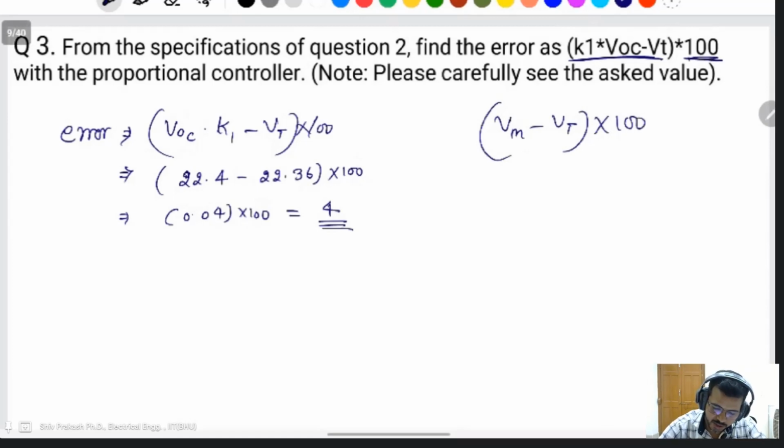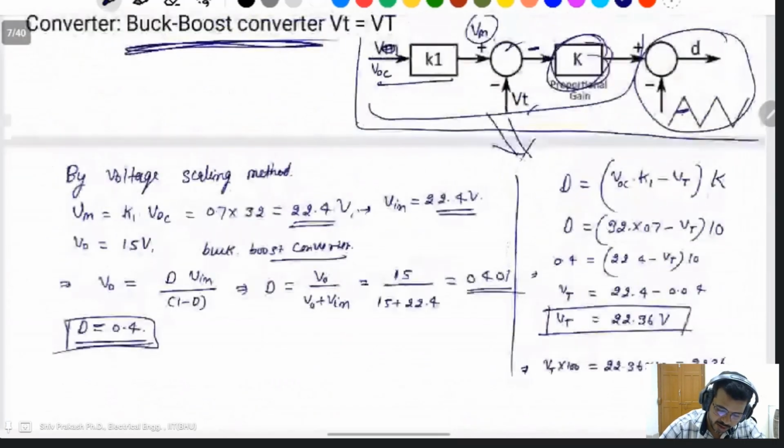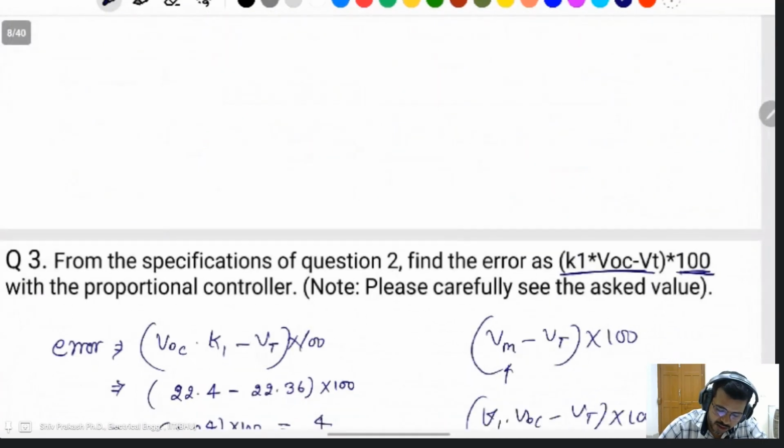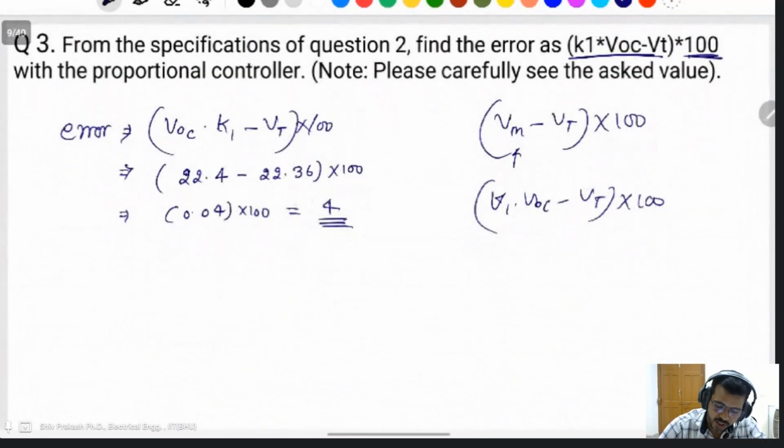VM is K1 into VOC and VT is already calculated as 22.36. VM is also calculated here, K1 into VOC, it will be 22.4, and 22.4 minus 22.36 will be 0.04, into multiplication of 100 as given in the question. That's why it will be 4.